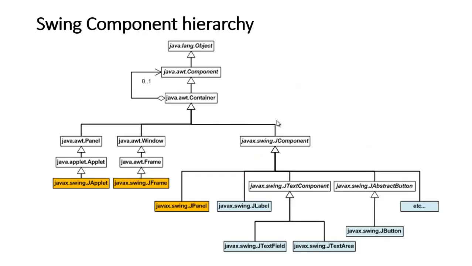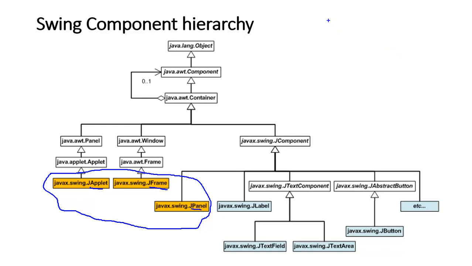Now let's go back to the slide, and let me take you back to the hierarchy that I showed you over here. When I showed you the hierarchy, I told you that these are not ordinary components, they are containers. JApplet is a container, JFrame is a container, JPanel is a container.